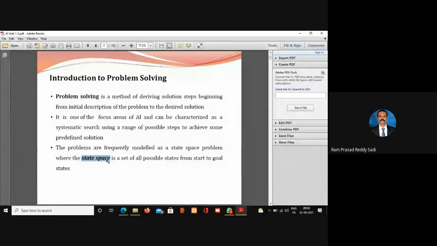If you can pick out all the possibilities based on the other party's state, those possible states are what we call the state space. You can apply this to any kind of problem. In this set of possible states, you will have the starting state and the ending state, which is your goal state. That's what problem solving is.